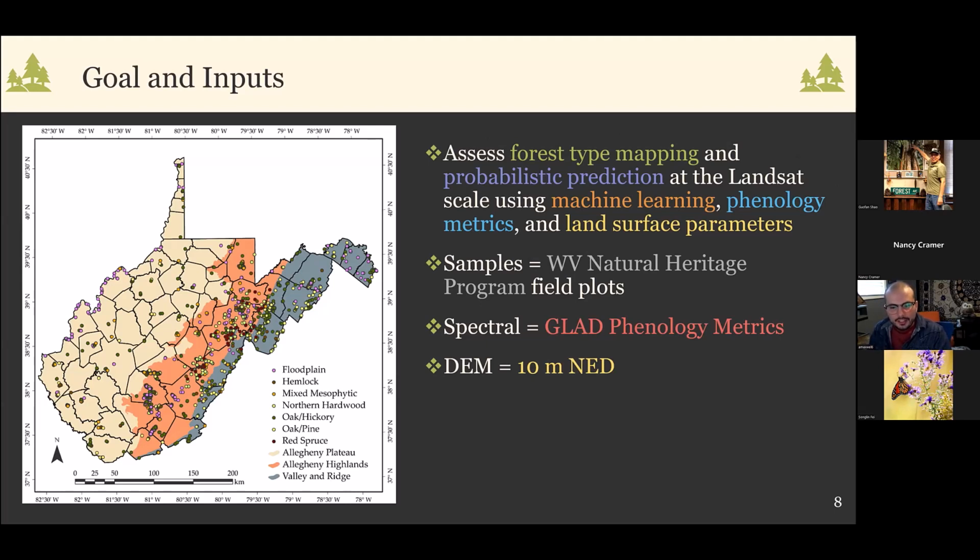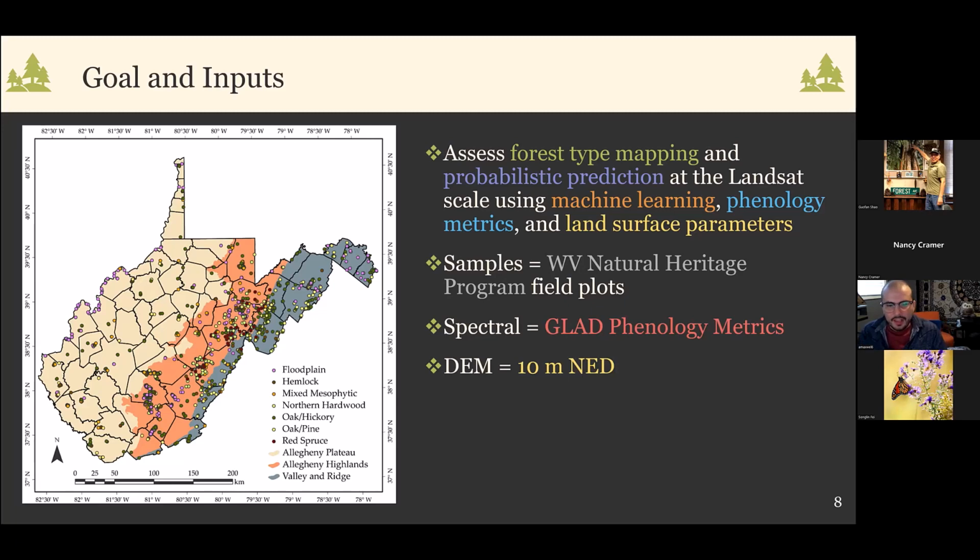In order to conduct this project, we needed ground data, and the ground data were provided by the state's Department of Natural Resources, specifically their Natural Heritage Program. Over several decades, the state and the DNR have been collecting field plots across the state, where they take soil measurements and then look at the vegetation, both the canopy and the subcanopy, and they maintain this database.